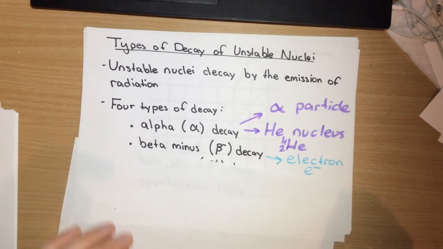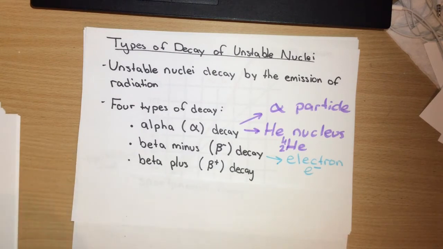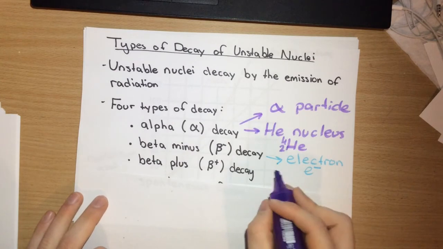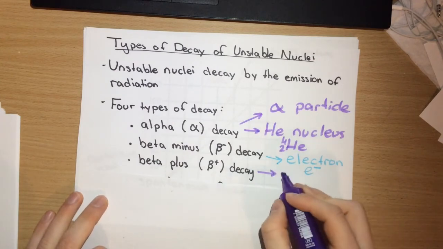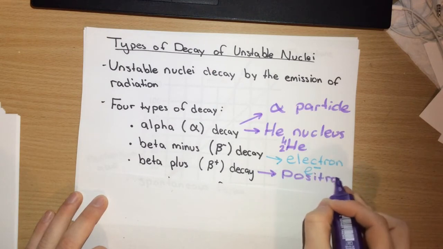All right. Now the next one will make it clear why we call this beta minus, not just beta. The next type of decay is beta plus decay. What we emit there is something called a positron.